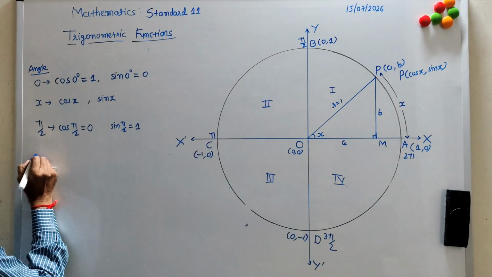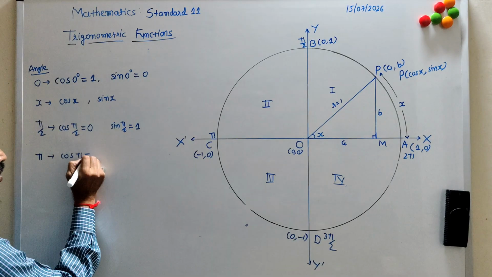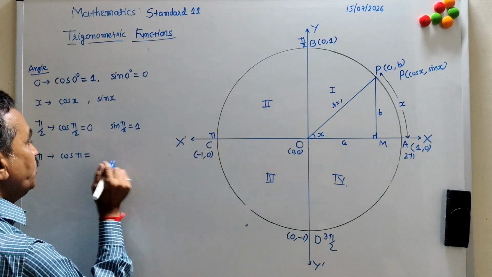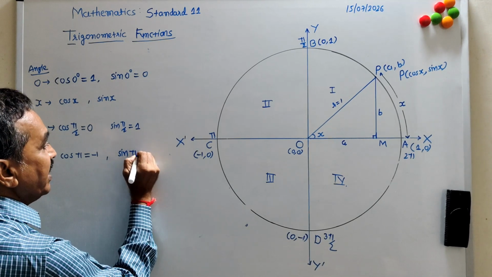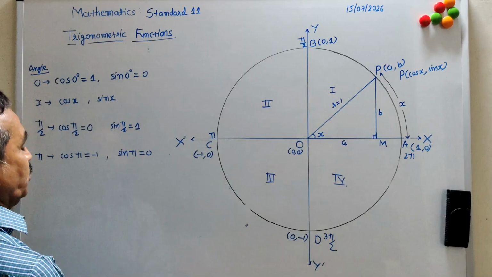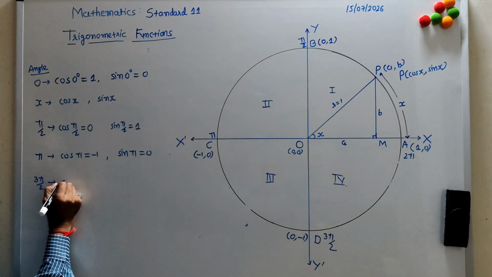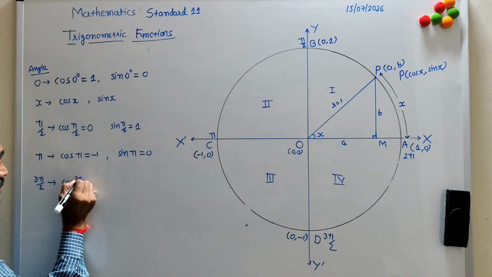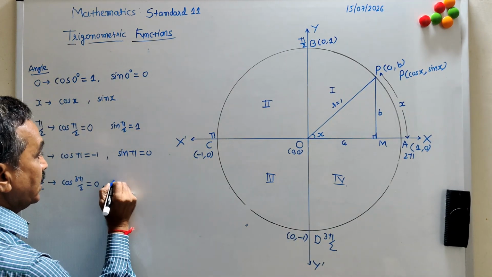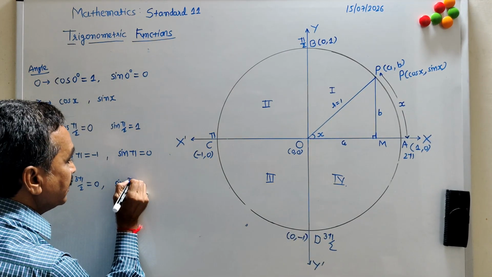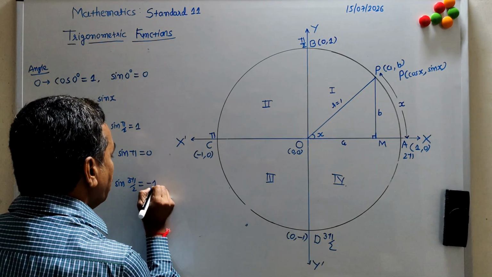Now for pi, cos pi is equal to -1 and sin pi is equal to 0. For 3 pi by 2, cos 3 pi by 2 is equal to again 0, and sin 3 pi by 2 is equal to -1.